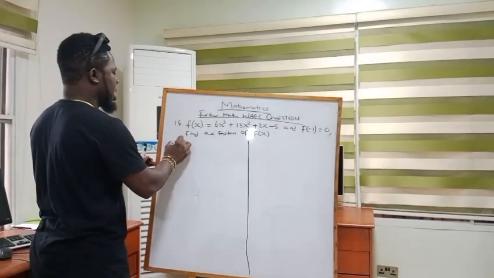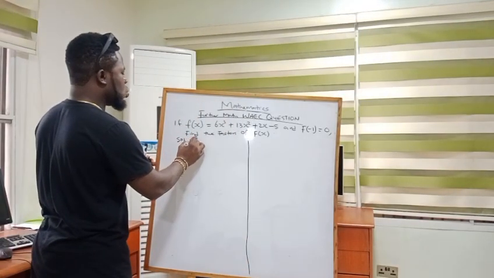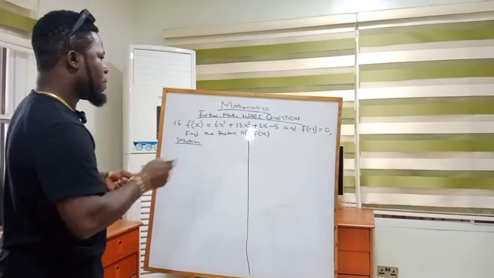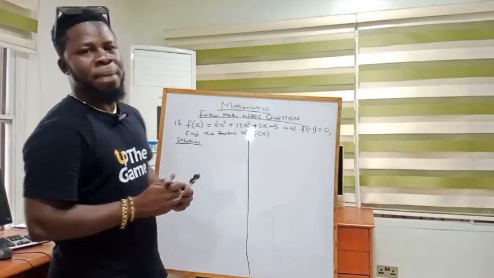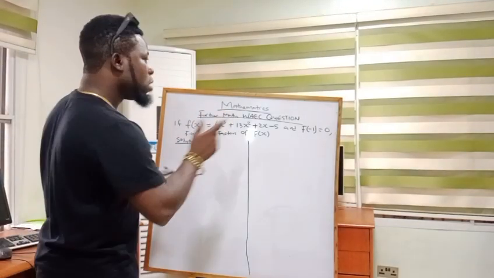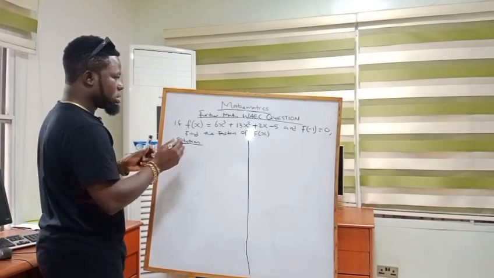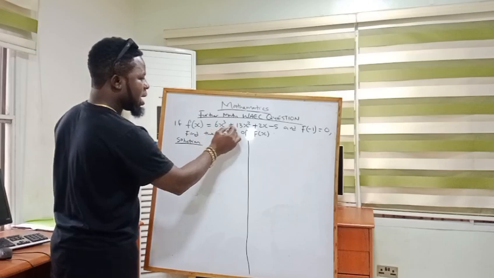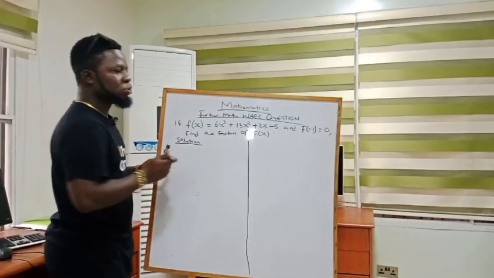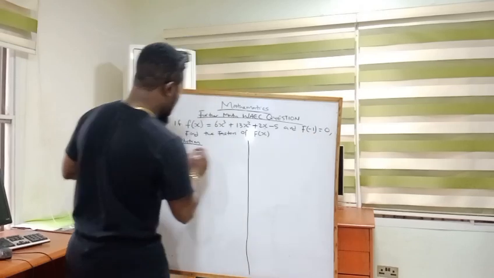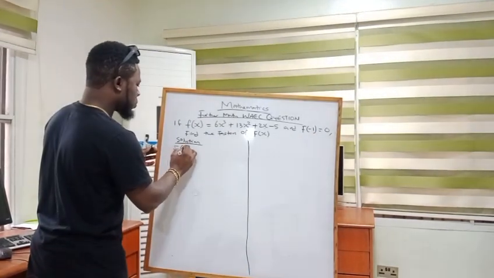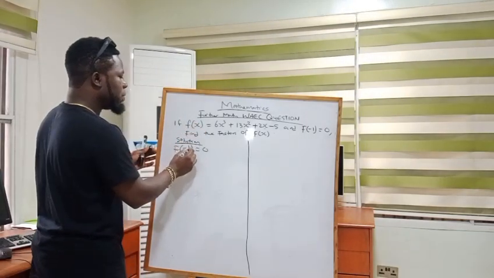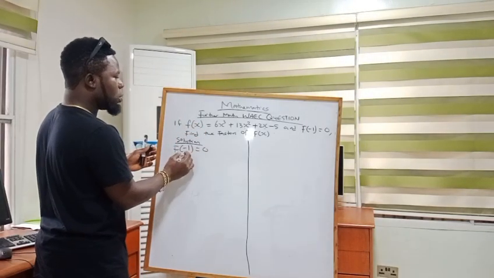Firstly, you have to check what kind of equation this is. You see that it's a cubic equation under polynomials. Since you've been told that f of minus 1 is equal to 0, the first thing you will do is, wherever you see your x, you substitute minus 1.